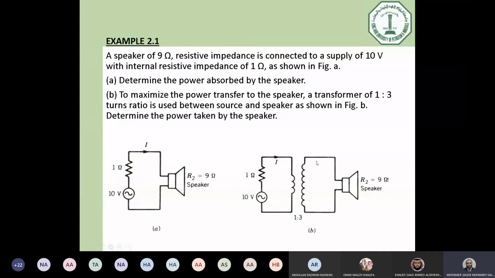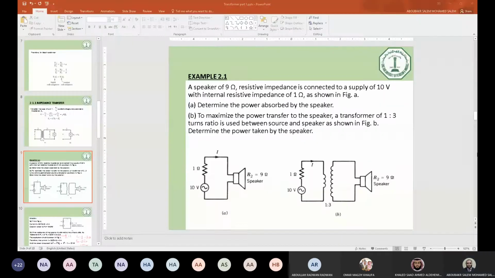How can we calculate the power? We should find I first. We need to find the current. Then after calculating I, multiply by R2. Square I and multiply by R. You have the ratio of the turns, so we can find V2 and I2.